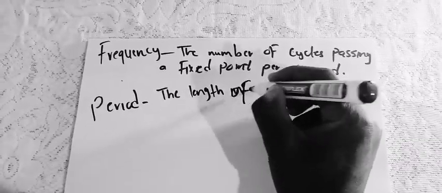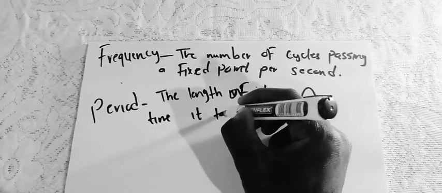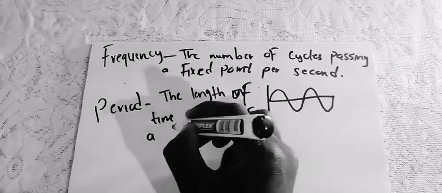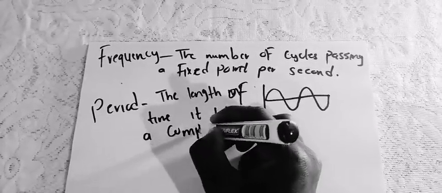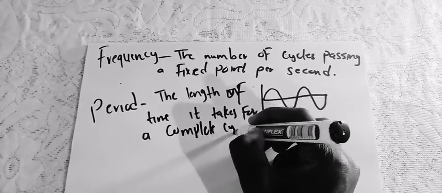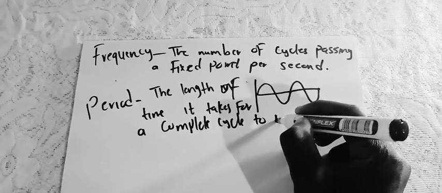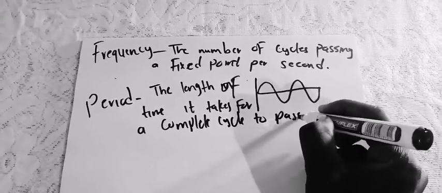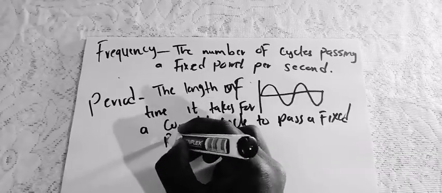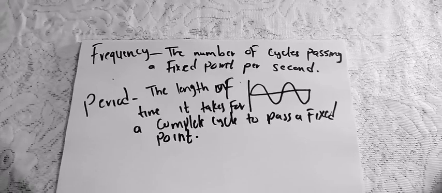Period is the length of time that it takes for a complete cycle or a complete wave to pass a fixed point. So frequency and period have a relationship when it comes to calculations.